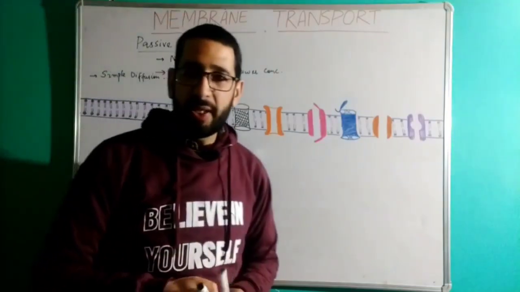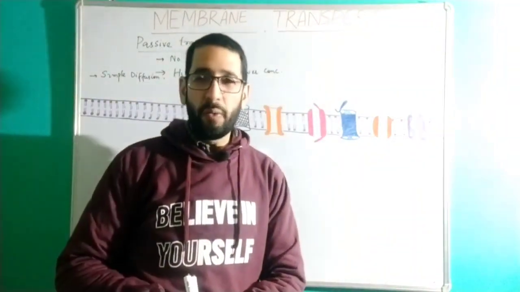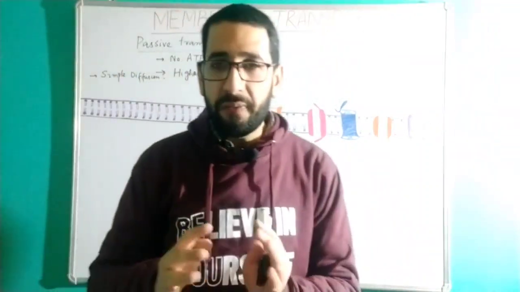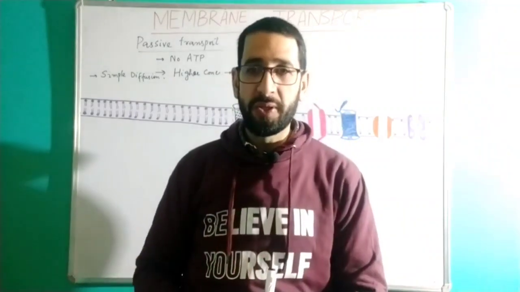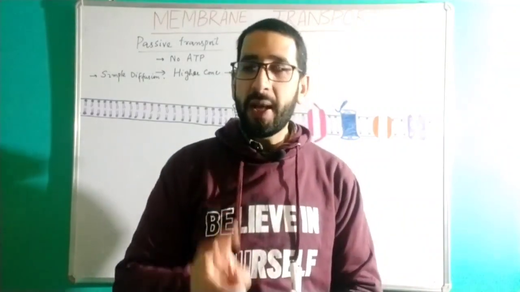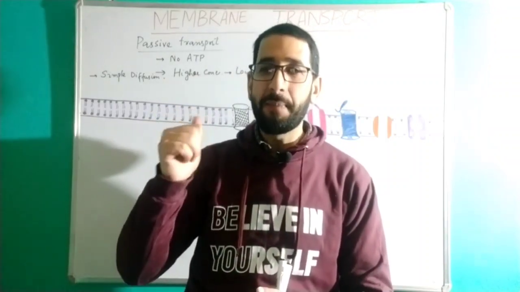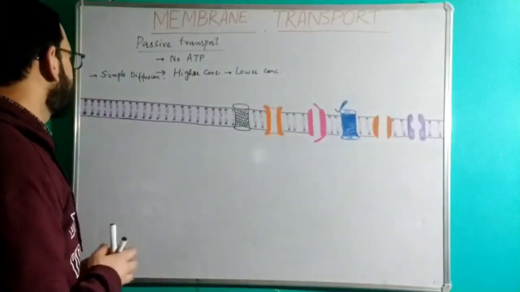Diffusion is the transport from higher concentration to lower concentration. We can say passive transport is actually diffusion, because we are transporting from higher concentration to lower concentration. Now, this diffusion can be of two types. The first type we are going to talk about is simple diffusion. Remember, simple diffusion is actually very simple.